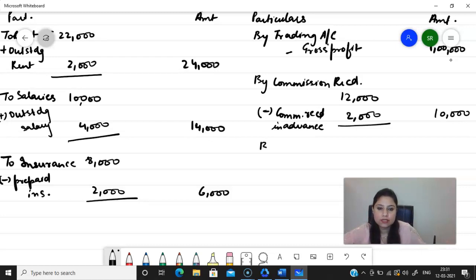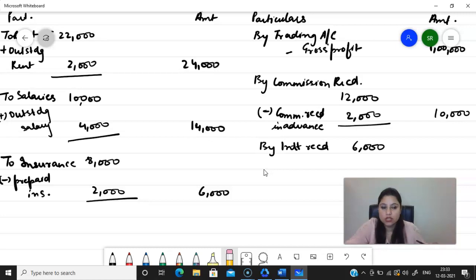Further, the interest received by the business has been given as 6000. And in point number 3 of the adjustments, it has been shown that interest due but not received amounted to rupees 2000. As we all know, with the accrual concept we will recognize all the incomes in the books of accounts.